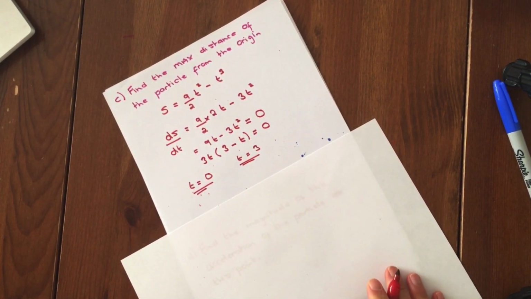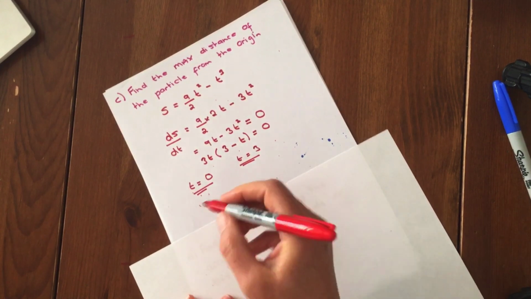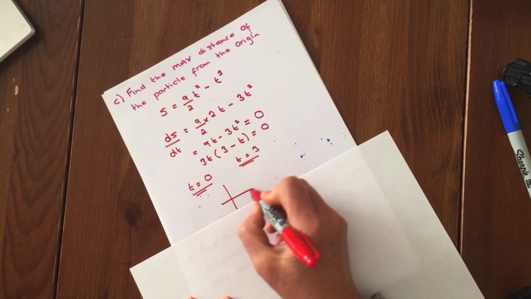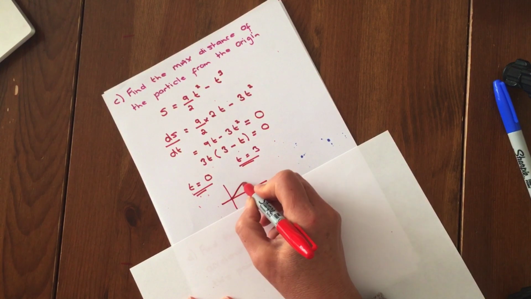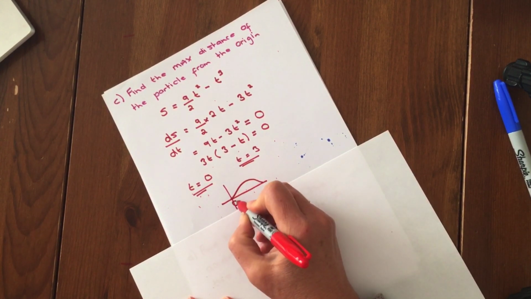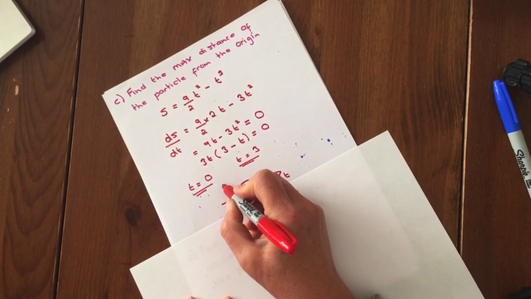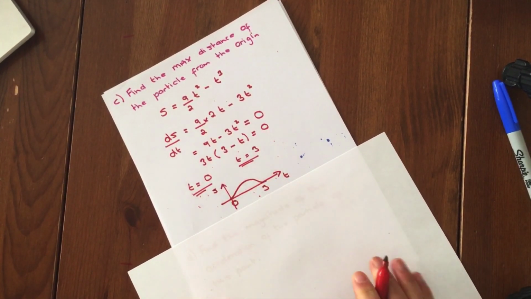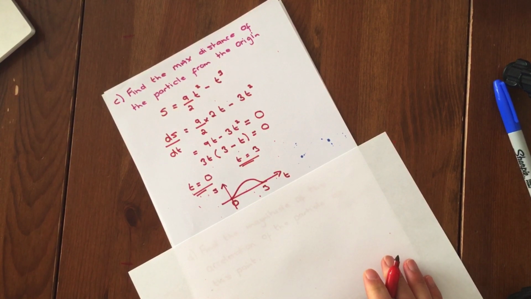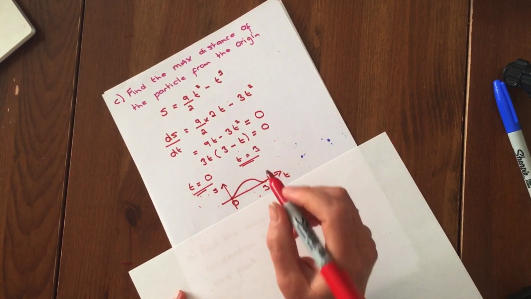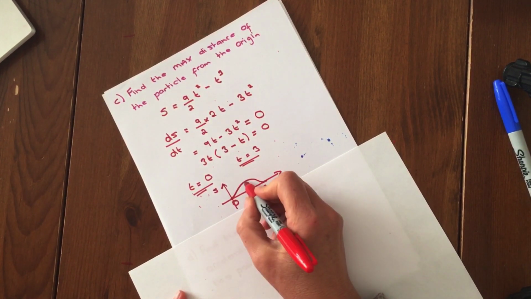Well, I said maximum distance. Well, if I go back to my graph, and it's like this, so this will be 0 and this will be 3 for my time, and this is S. Sorry, apologies, this will be 3 here.